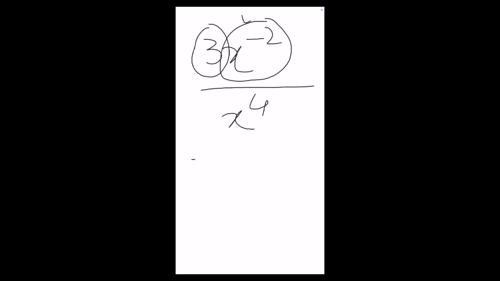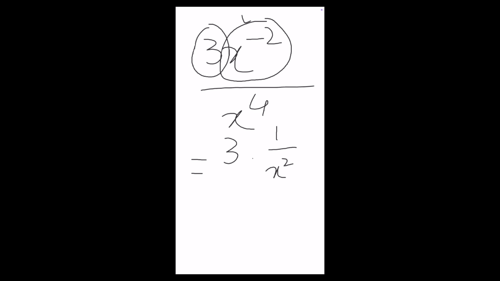I am writing 3 as it is because we don't have to do any kind of operation with 3. We are concerned specifically with the variable and exponent. So I have converted x raised to power minus 2 into 1 divided by x raised to power 2.